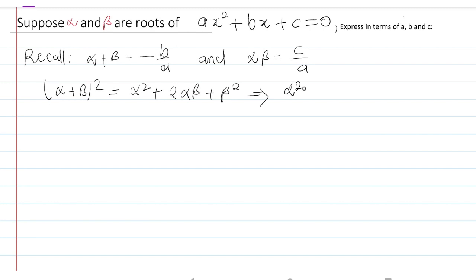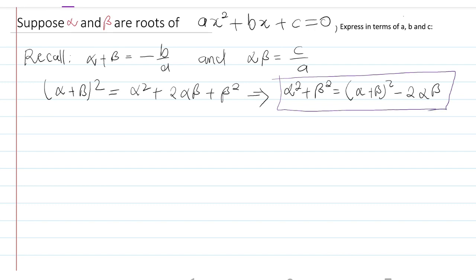So this is alpha squared plus beta squared is equal to, on the left side we have alpha plus beta squared, then minus twice alpha beta. So let us underscore this. It will be very useful in everything we are going to do.